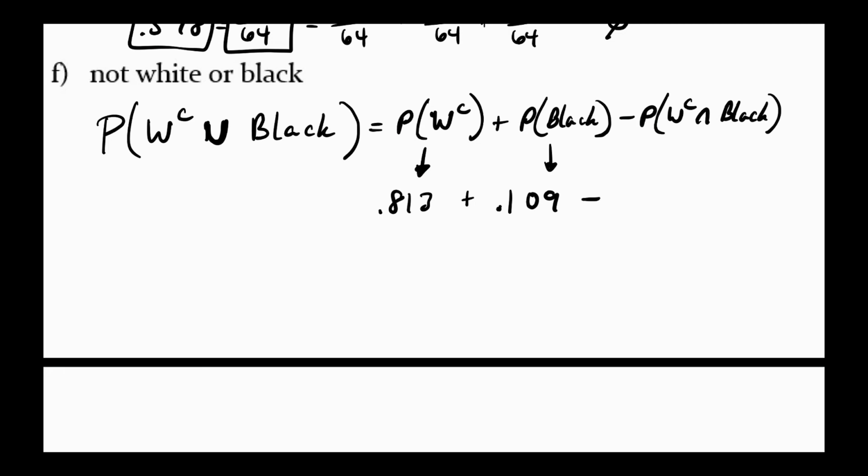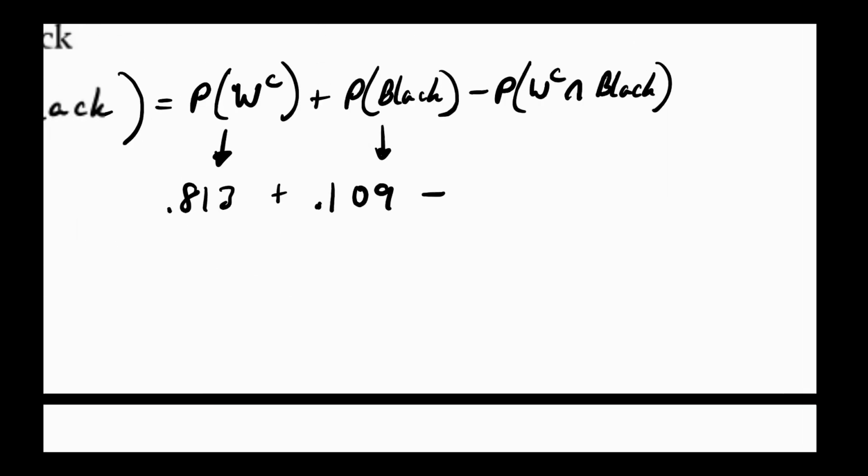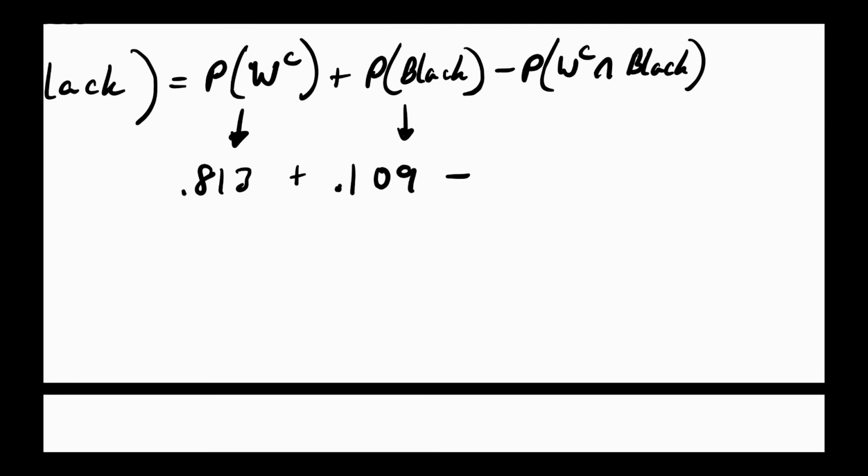Minus, is there any overlap here? Not white and black. Which ones are that? Which ones fit into that category? Yeah, the blacks, right? Aren't the black marbles not white? And they're definitely black, right? So the overlap are the black marbles, which we know right here.